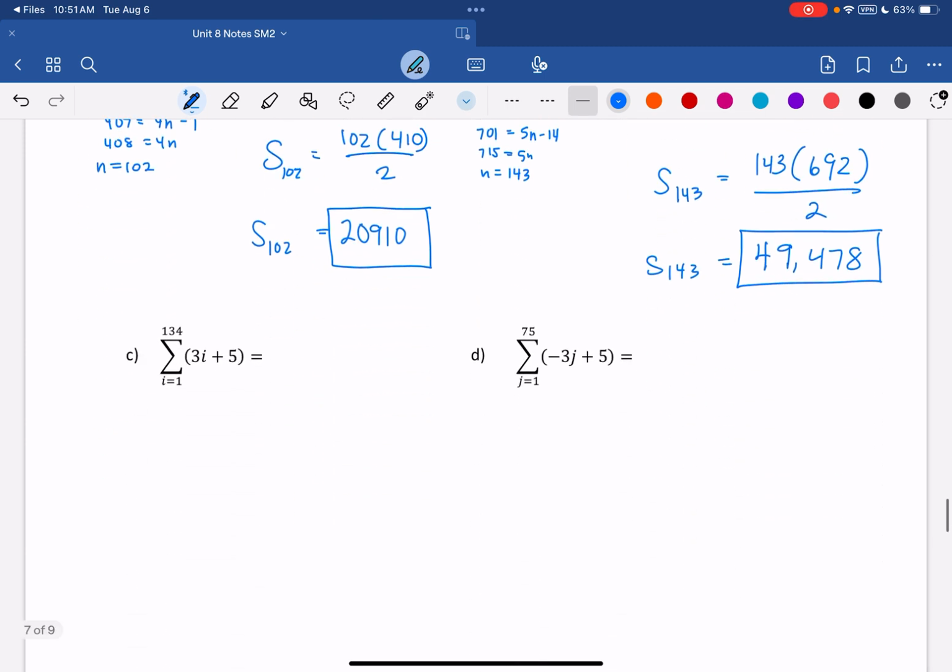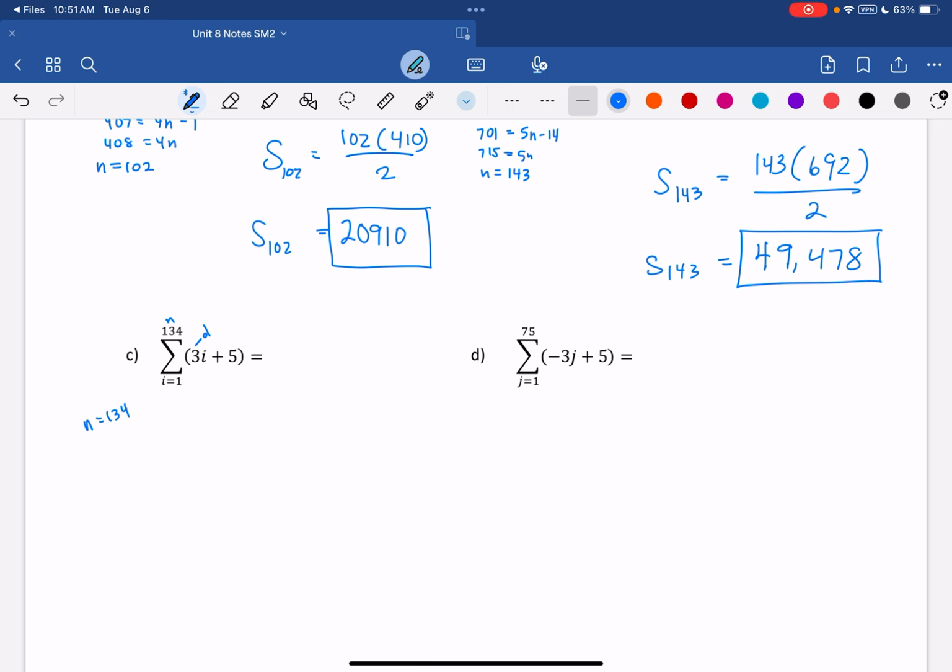Okay, looks a little bit different when we're in sigma notation. This gives us our D value. Okay, this is D. This gives us our N value. N would be 134.